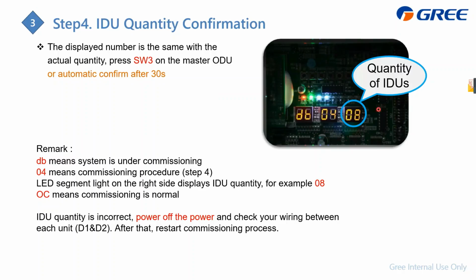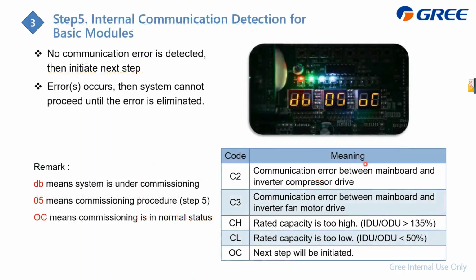If it's not true, for example if one indoor unit is missing, you should power off the whole system, and then check the communication wire of every indoor unit or do some other troubleshooting. You should confirm the quantity, and if it's true, it displays OC and then comes to step 5.